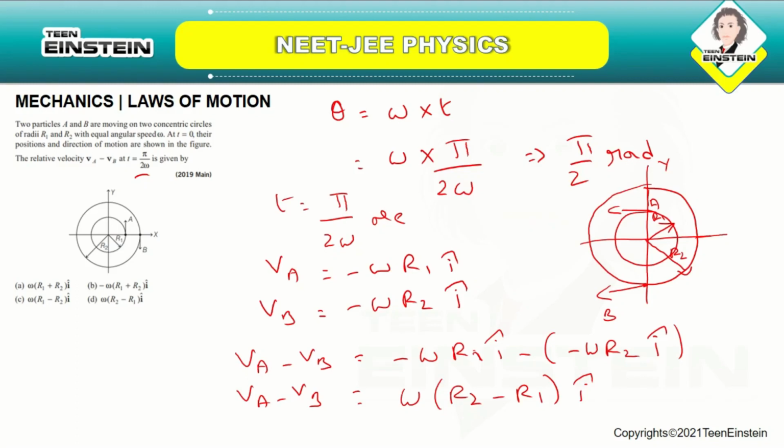From that you can easily find the velocities of the particles: Va will be minus omega r1 i and Vb will be minus omega r2 i. If you substitute in Va minus Vb, you will get the answer as omega (r2 minus r1) into i. So the correct answer is option D, omega (r2 minus r1) into i.